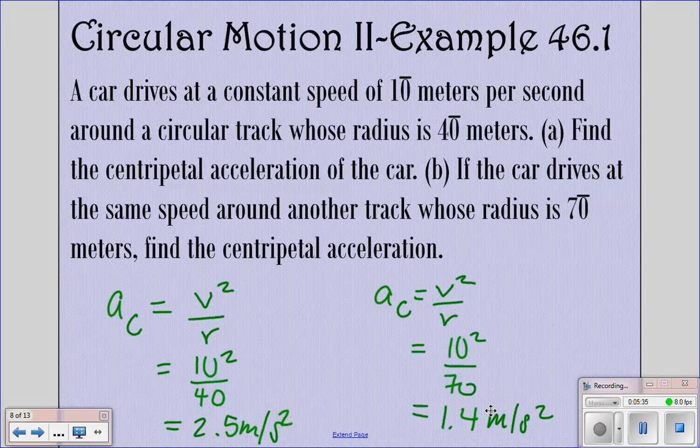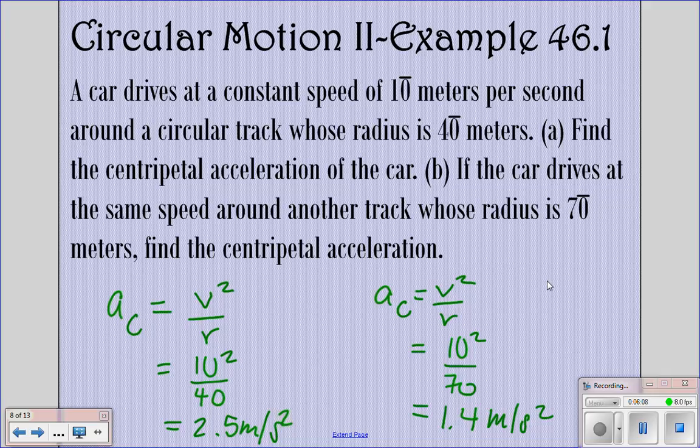Do you see how this acceleration, 2.5, is bigger than this acceleration, 1.4? The acceleration is larger for the track with the smaller radius because the car has to change directions more quickly. If you think about running to a tree, running around it, and coming back, is it hard to stay really close to the tree, or is it easier to make a wider loop?